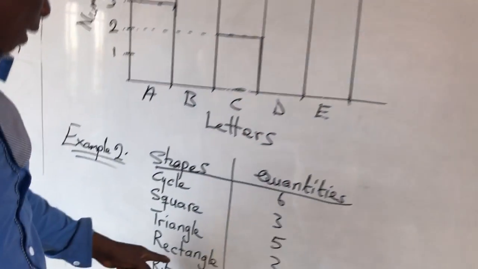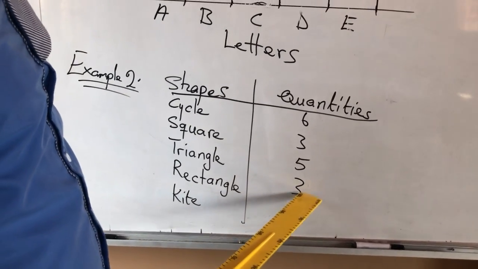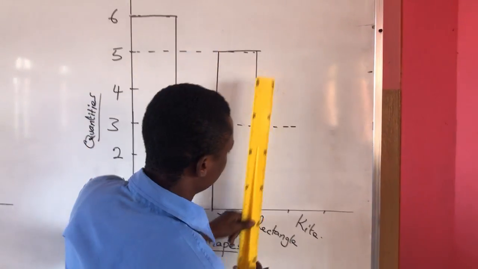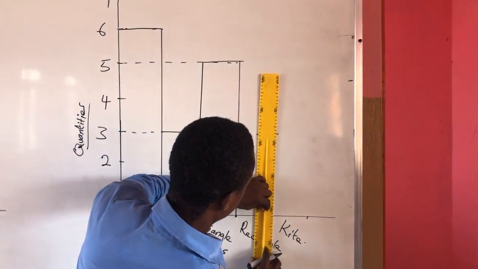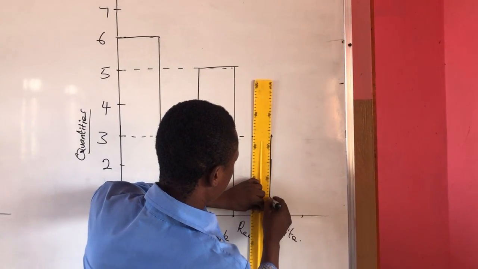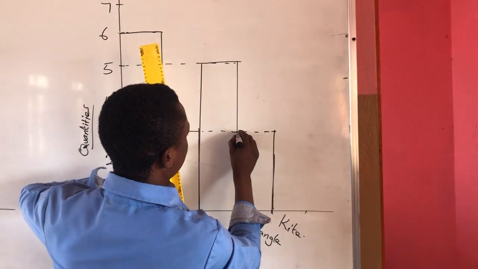All right, the next one is rectangle, which is 3. This is 3.